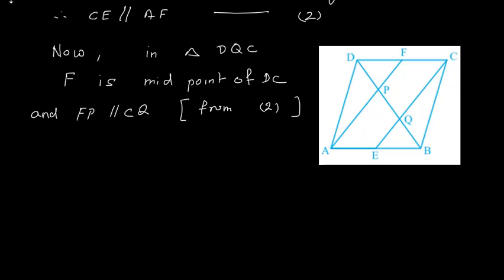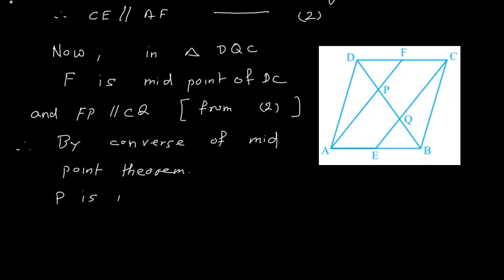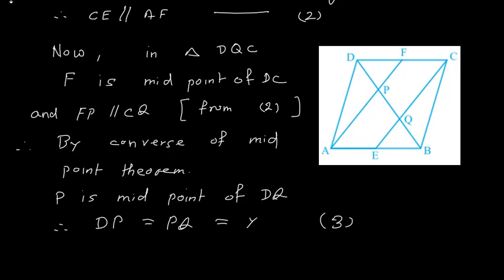Okay. So therefore, by converse of midpoint theorem, P is the midpoint of DQ. So therefore, DP is equal to PQ. Let us take this as Y. This we will take as equation number 3. So we got this as Y, this as Y.